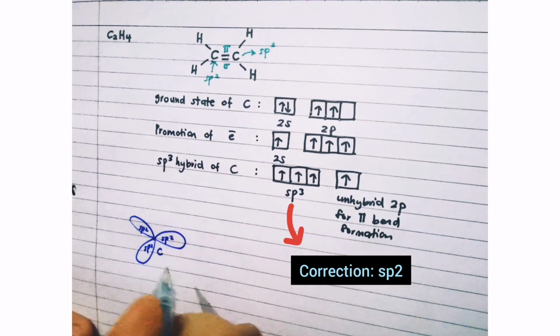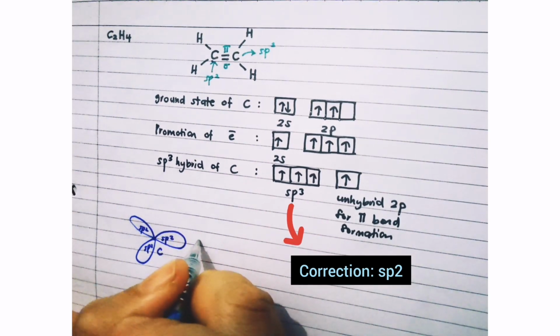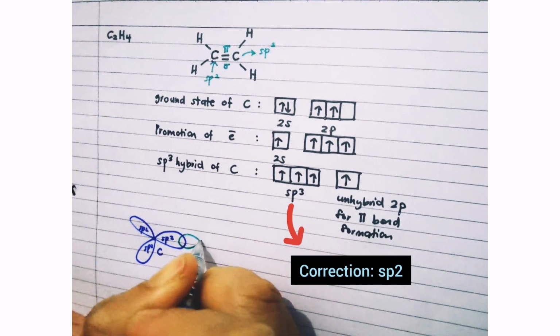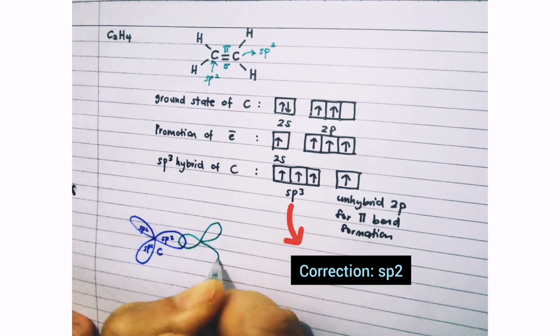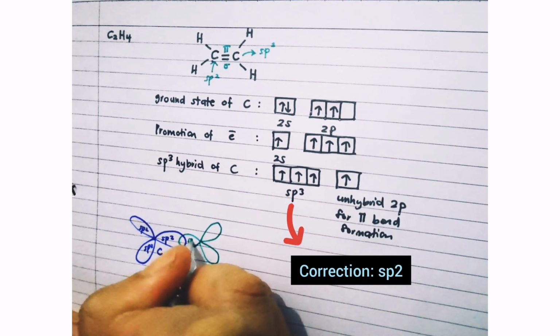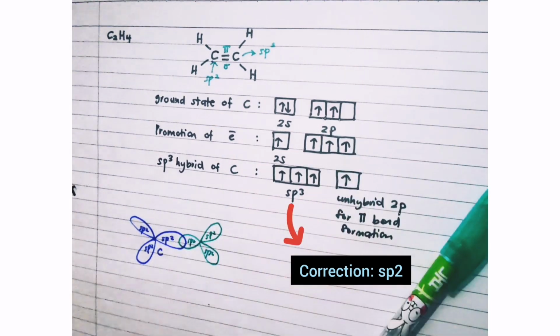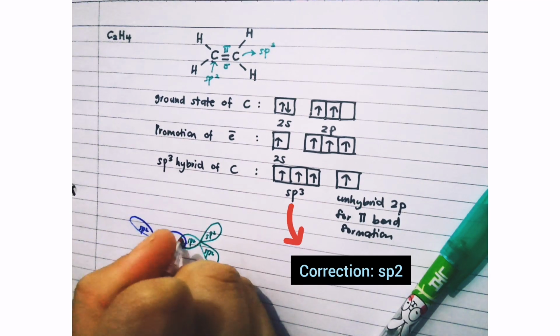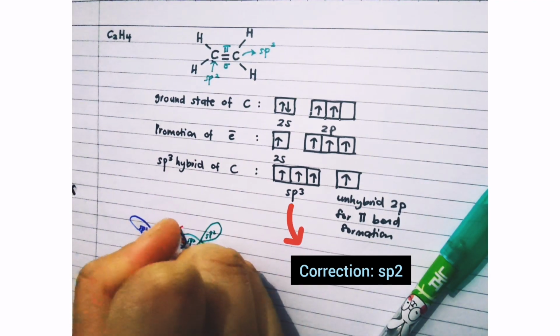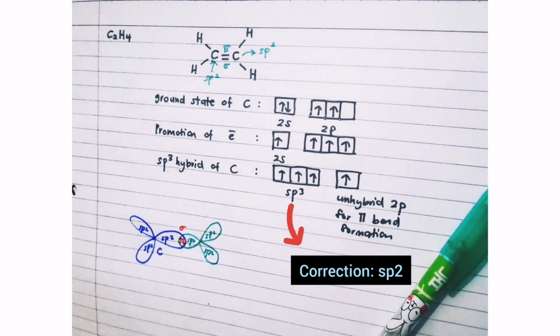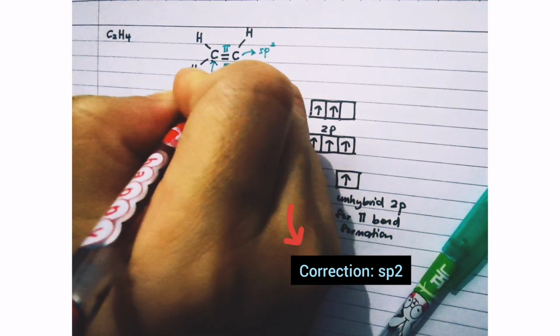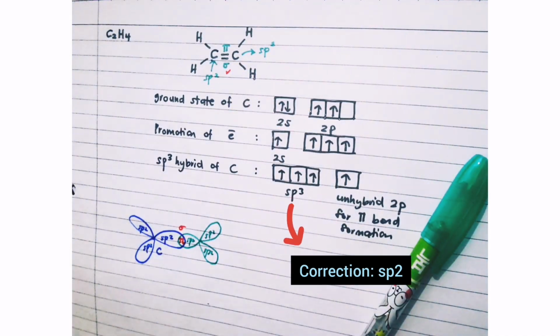sp2 of the first carbon will overlap end to end with sp2 of another carbon, and the electron is at the overlapping here, forming a sigma bond. So we settle our CC sigma bond.